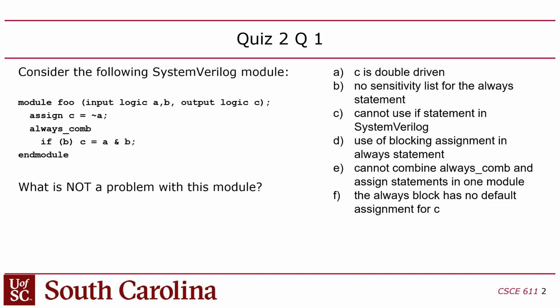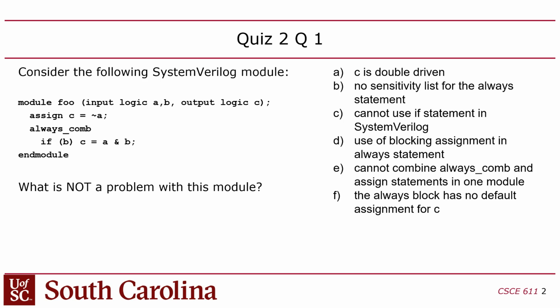B says no sensitivity list in the always statement. That's true. There is no sensitivity list given, but whenever you have an always_comb, you don't need to provide a sensitivity list because any signal that appears inside the always block is treated as an input, which is a little vague, but treated as an input means that you have it in an expression.